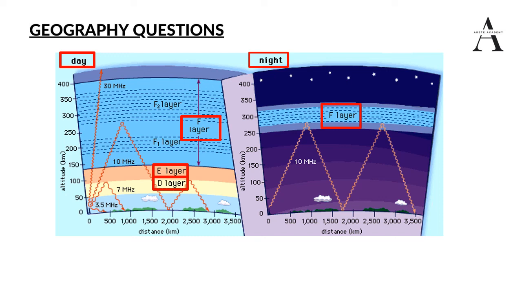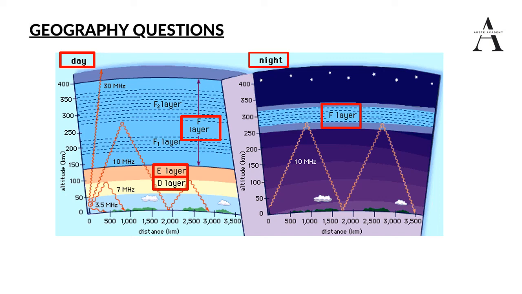As you can see in the diagram, the frequency of the waves varies. For the D layer, if we have to communicate, a small frequency is used, but for the F layer we use higher frequency waves. That is the role of the D, E and F layers.